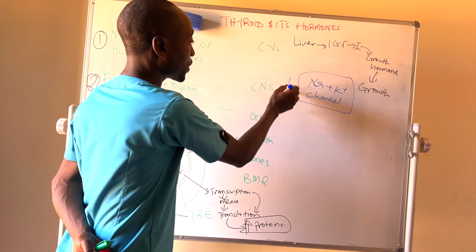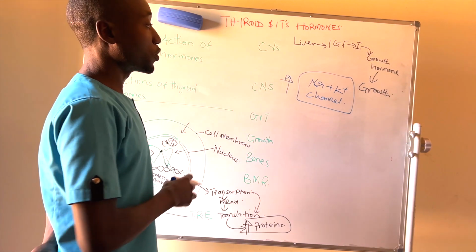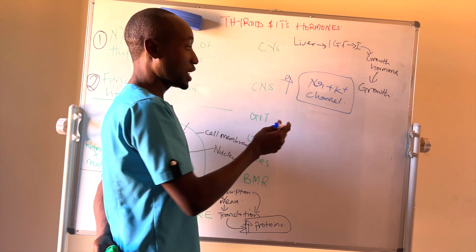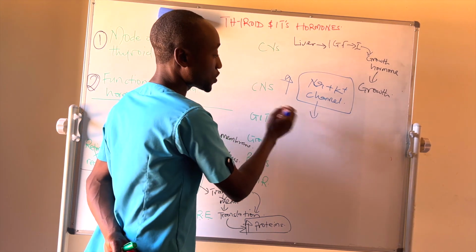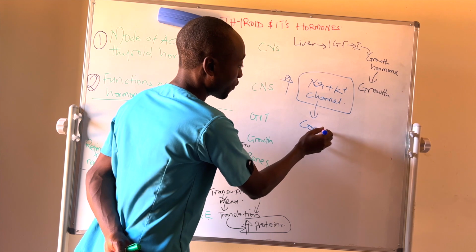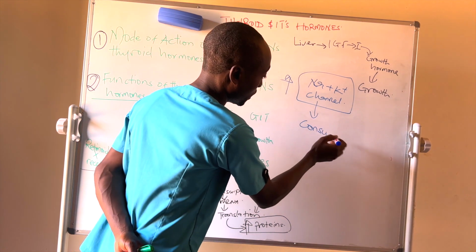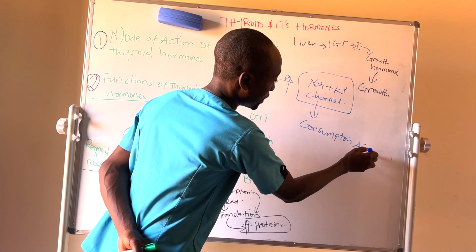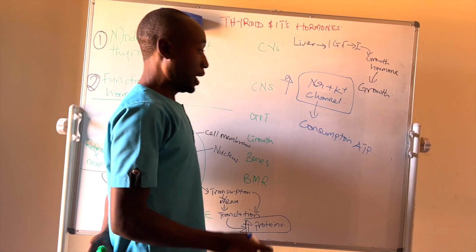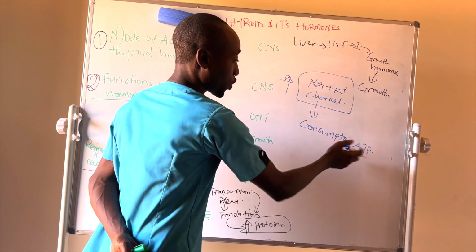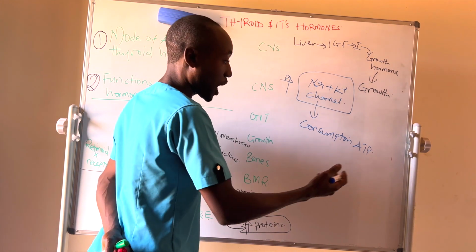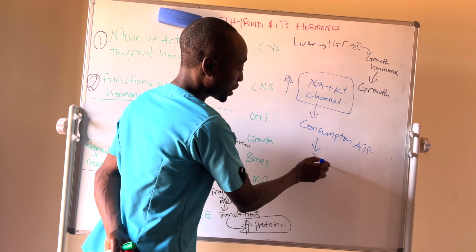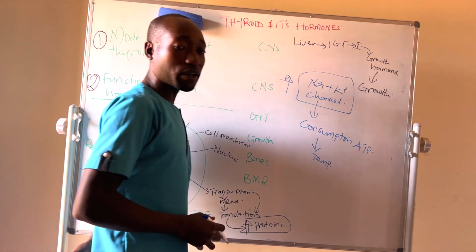So increased thyroid hormones are going to increase manufacture and expression of this, and as a result it will lead to increased consumption of ATP. And of course we know as we consume more ATP, we increase body metabolic rate, we increase heat production, so the temperature goes high and the rest.